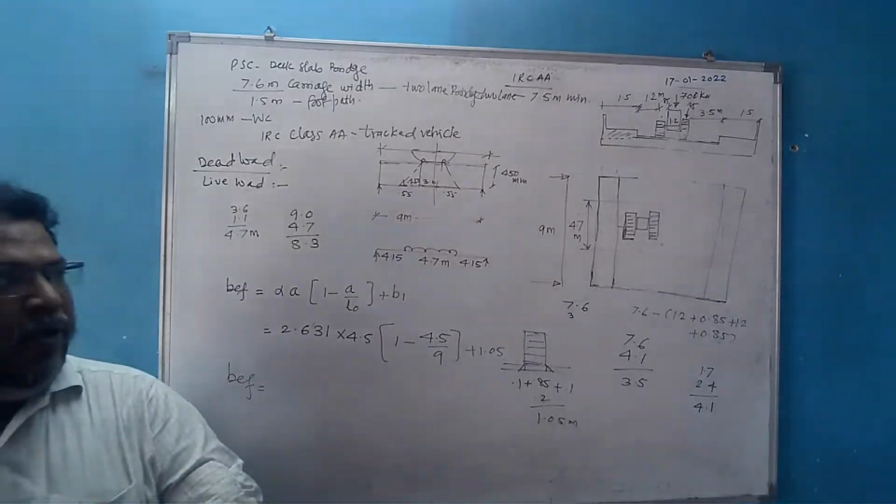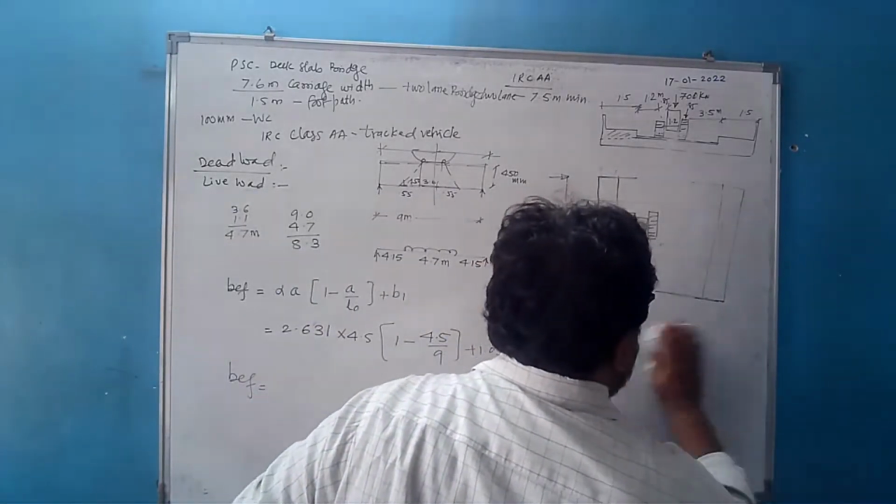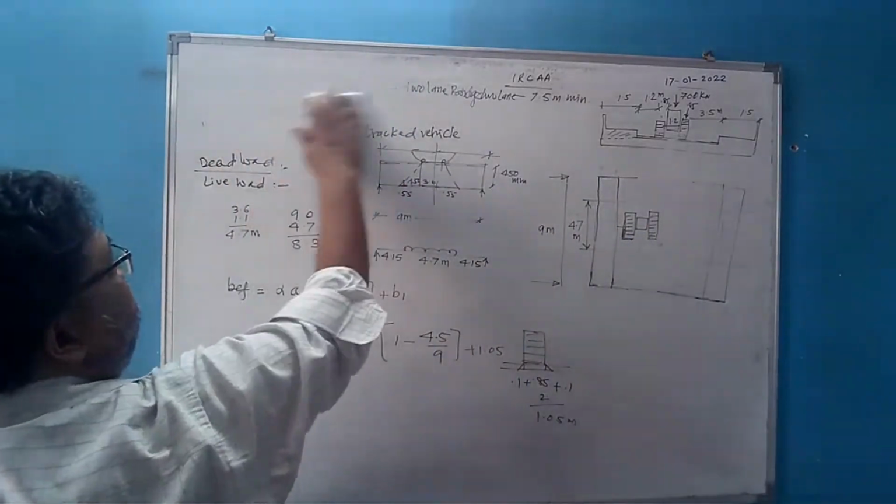How much is the value of B effective? What is the effective width on which the effect of this load is?